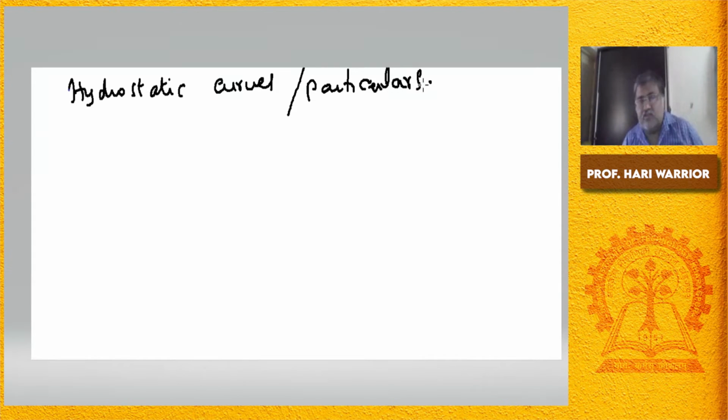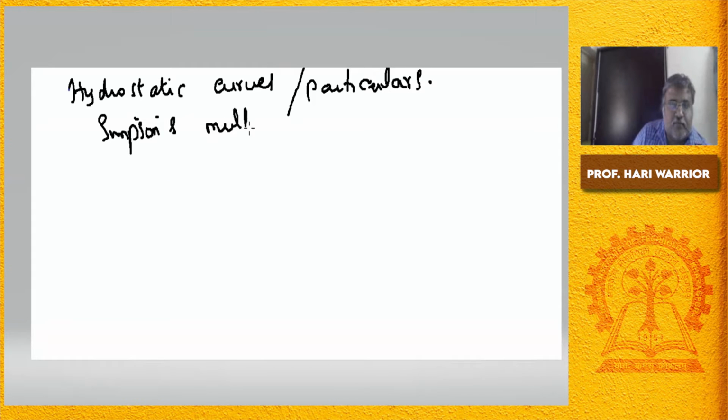Okay, so first thing we did was, which is basically the first one that comes up usually in this kind of calculations, these are all calculations done using the Simpson's multiplier rule or the trapezoidal rule.